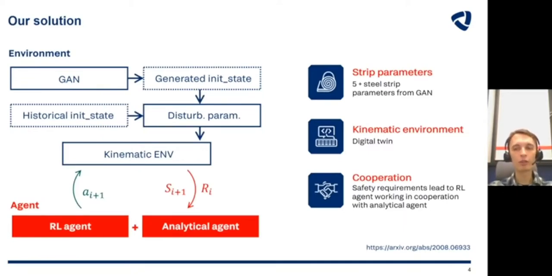Let me tell you about our solution. We have used a reinforcement learning approach here. First of all, we generate data about coils in this aggregate with GANs, because we don't have enough information for the reinforcement learning approach. So we should imitate this with GANs.